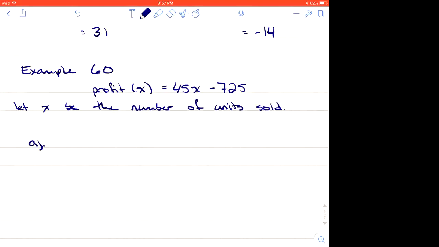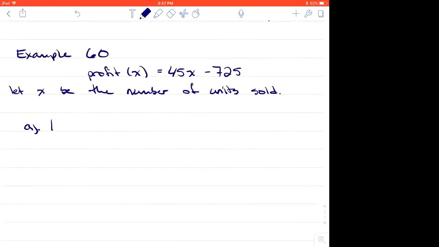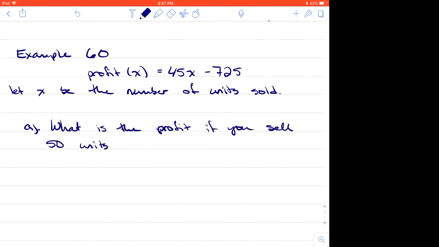Multi-part question here, right? What if I asked you, so if you sell 50 units, what's the profit? What is the profit if you sell 50 units?